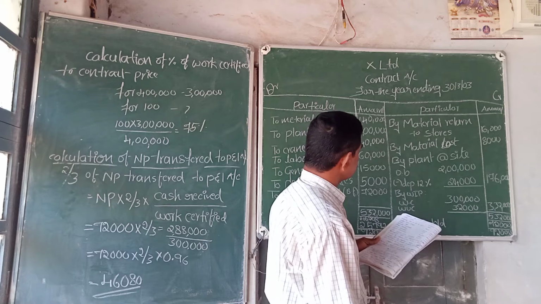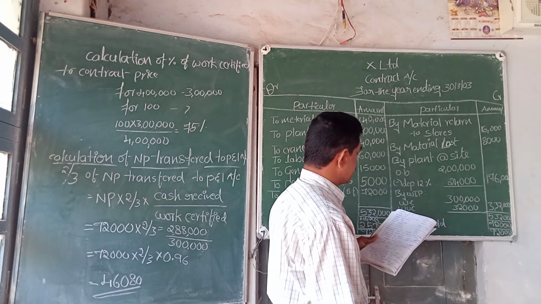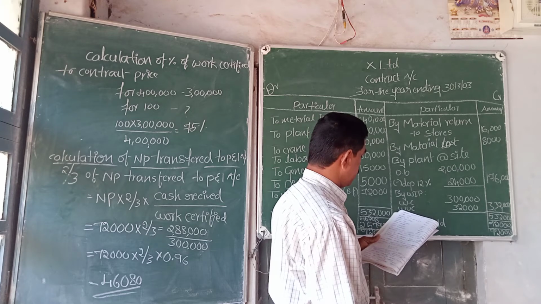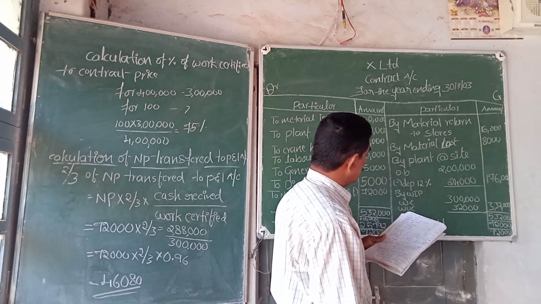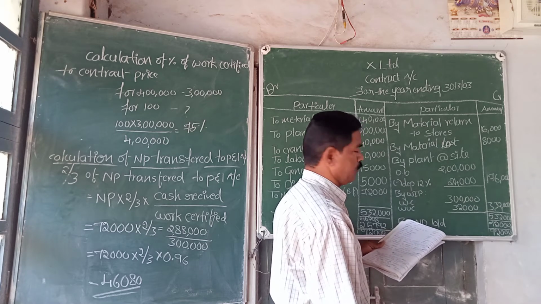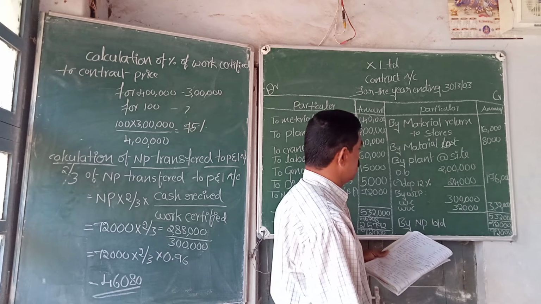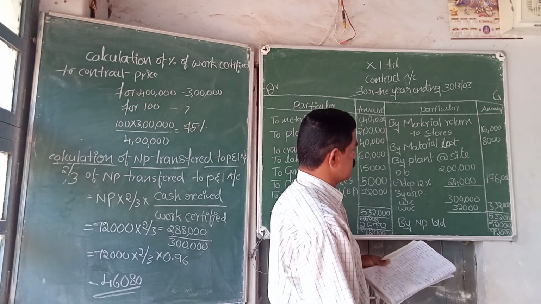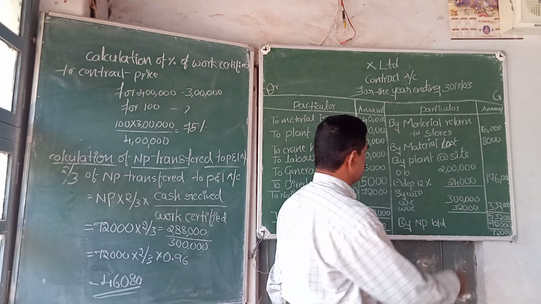Then by plant at site. The original or opening balance is 2 lakh. Out of this, we are asked to charge depreciation at 12%, which is 24,000. So plant at site is 1,76,000, that we have to calculate.